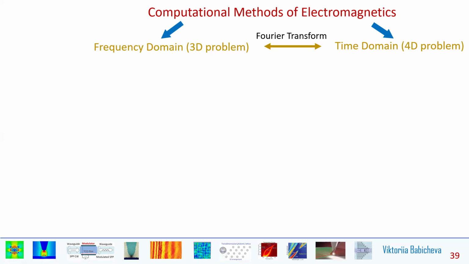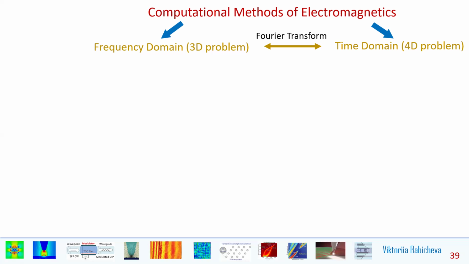So these two families are coupled to each other through the Fourier transform, and the reason why researchers in electromagnetics want to solve Maxwell equations in the frequency domain is that the effective dimensionality of the methods in time domain and frequency domain are different because of the way we formulate those methods.